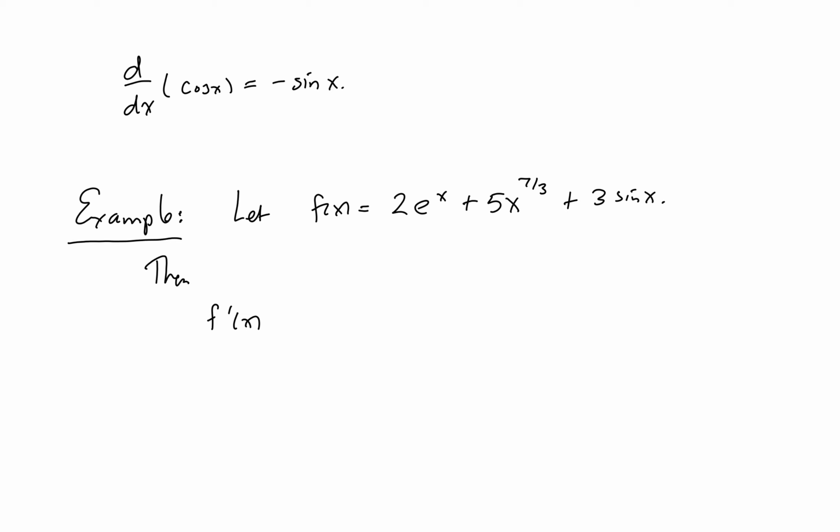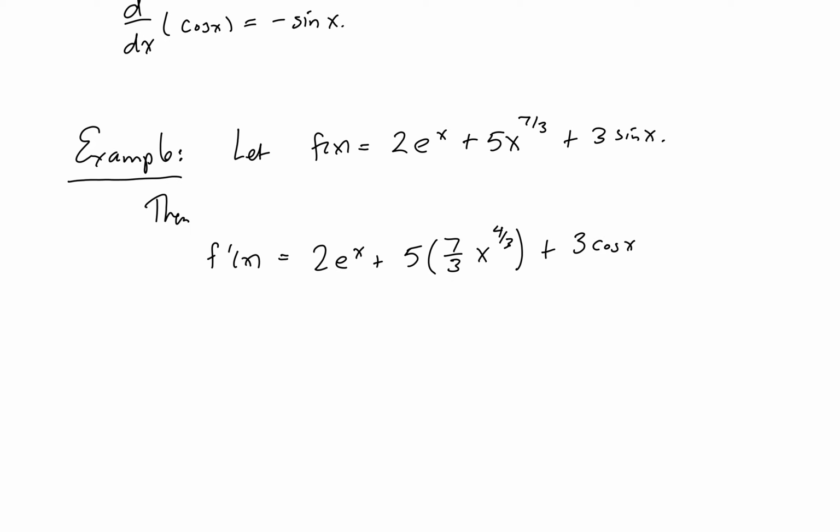The derivative of 2e to the x is just 2 times the derivative of e to the x, which we saw is just e to the x. For this next one, we use the power rule. So we bring that 7/3 down, and then we subtract 1, which gives me 4/3. And then the derivative of 3 sine x is 3 times the derivative of sine x, which is just cosine x. And if we want to simplify this a little bit, this is 35 thirds x to the 4/3 plus 3 cosine x.